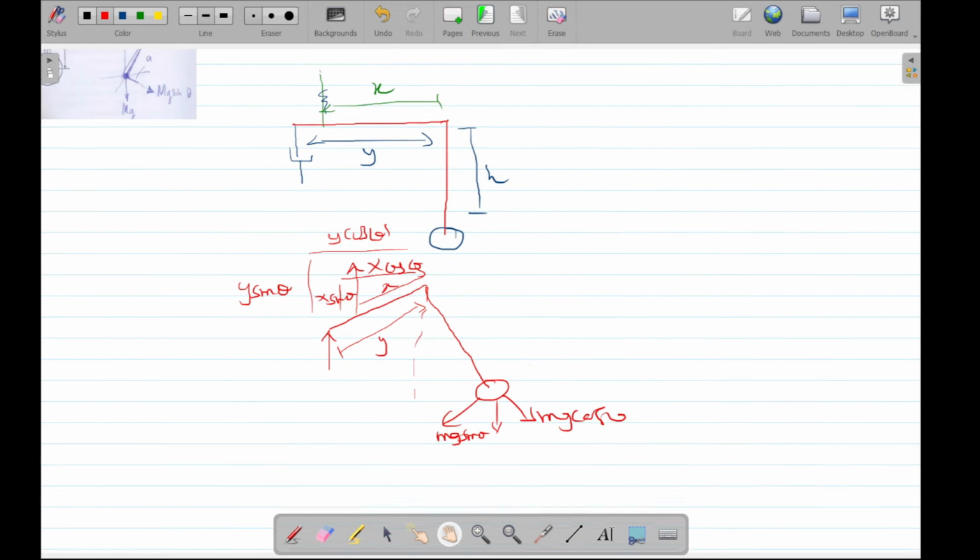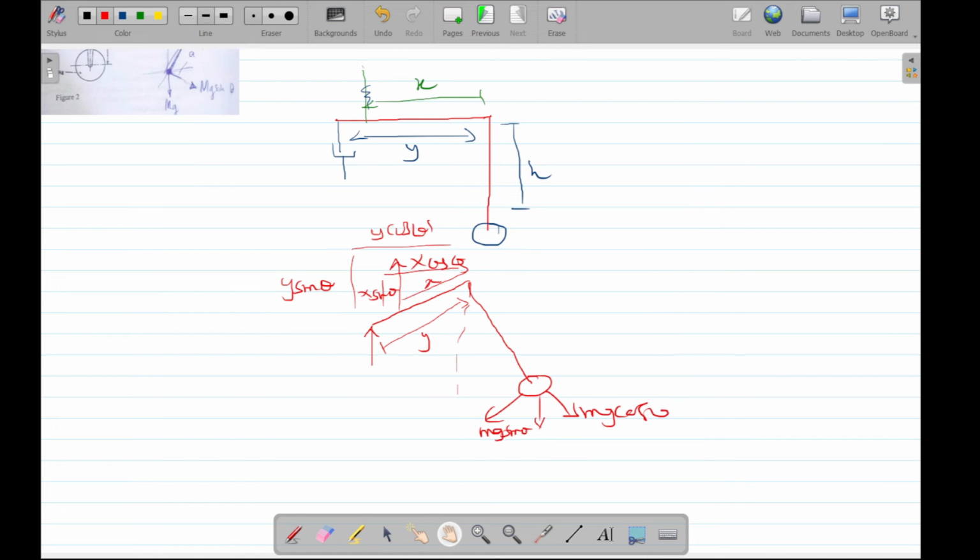Okay, so what we say is that the sum of the moments about the fulcrum should be equal to what? I theta double dot. So the sum of moments about O should be equal to I theta double dot. Now the moment of the dashpot, the dashpot will take the derivative of this. So I have negative d, no.